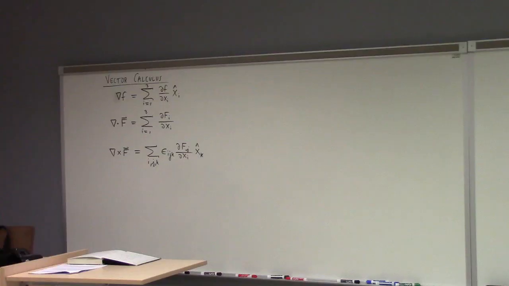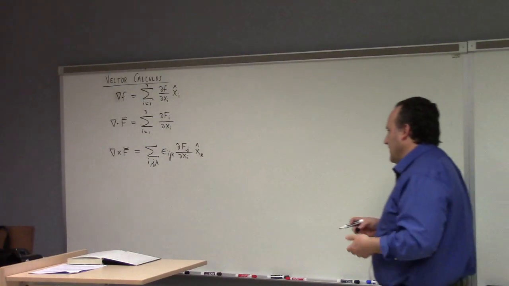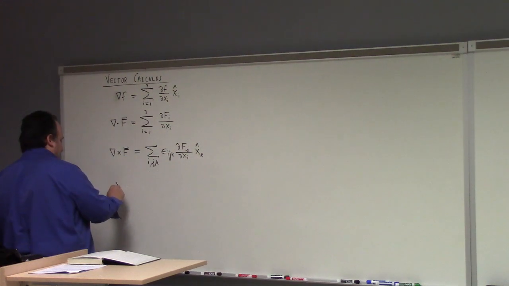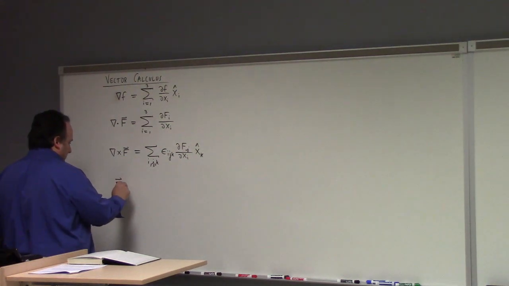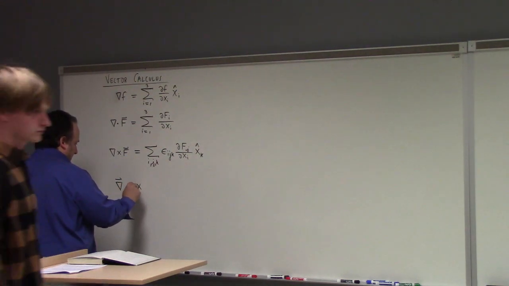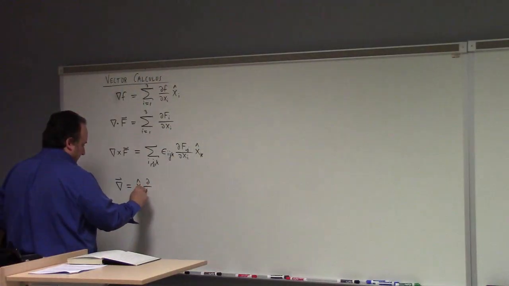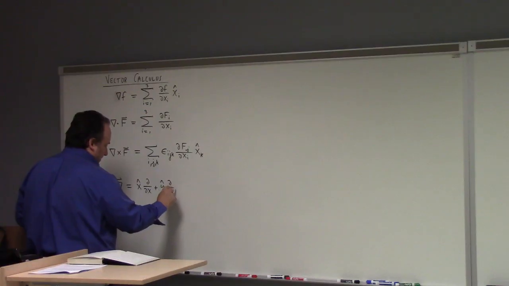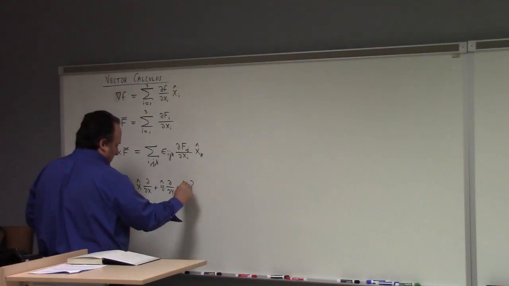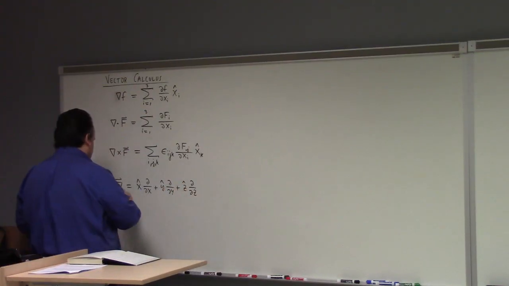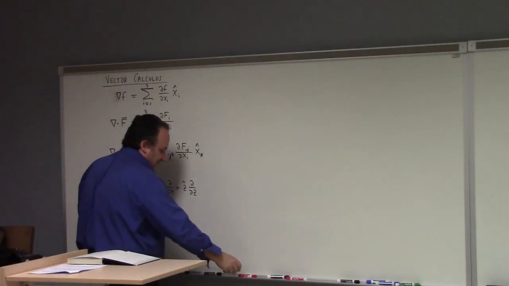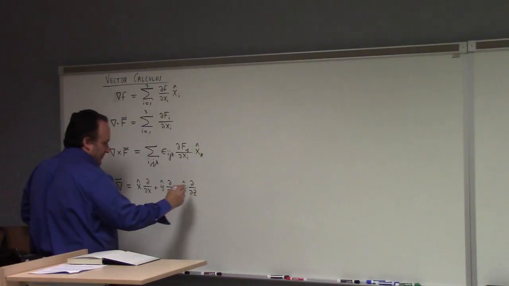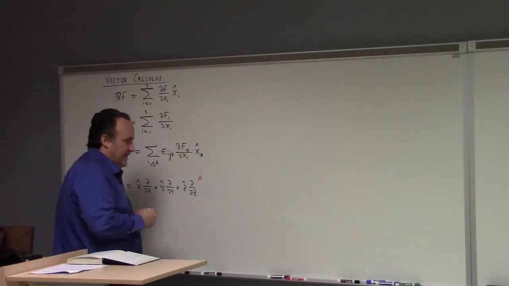And formally speaking, it kind of takes on a life of its own. Some people like to talk about the vector in this sense, like x hat partial partial x plus y hat partial partial y plus z hat partial partial z. And I don't engage in that too much in terms of a guiding principle, but that pattern is there to see.